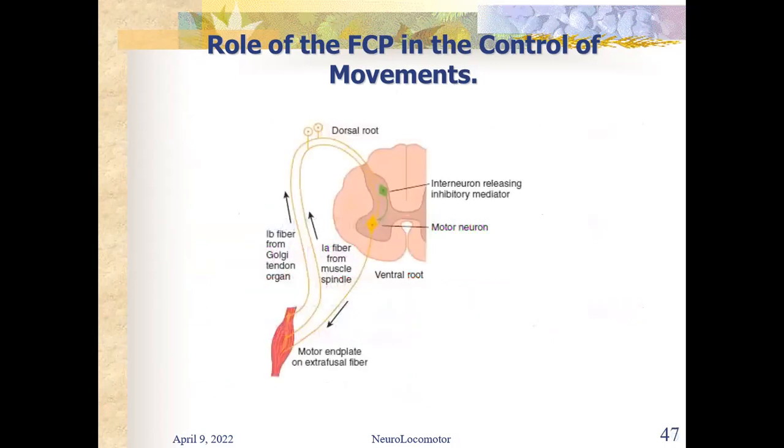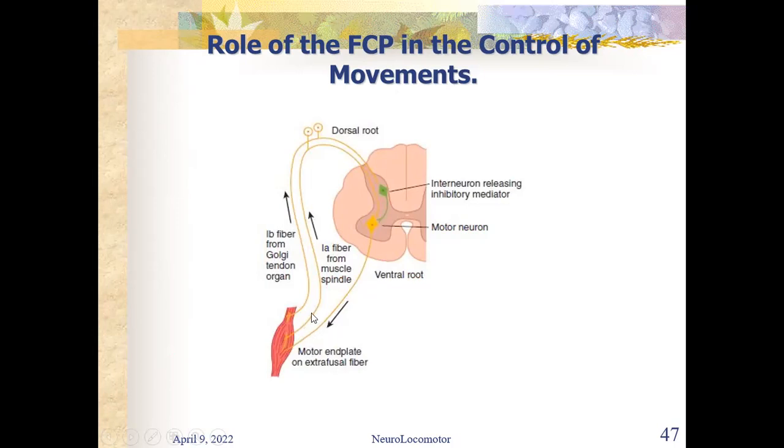When you look at this diagram, you will see the IB fibers from the Golgi tendon, the main afferents from the extrafusal fibers of the muscle spindle, entering the dorsal root ganglion into the gray matter of the spinal cord, and then making a direct connection with the motor end plates, which gives rise to the alpha motor neurons, because the motor end plates end on the extrafusal fibers, and the nerves innervating the extrafusal fibers from the anterior gray matter of the spinal cord are the alpha motor neurons.